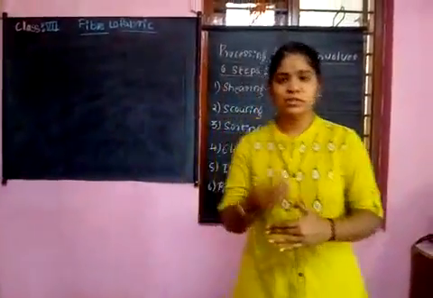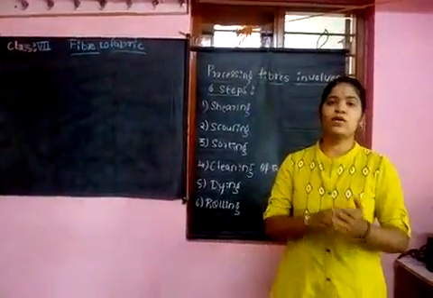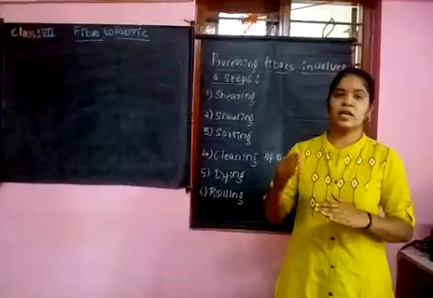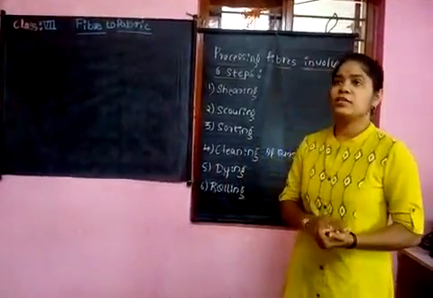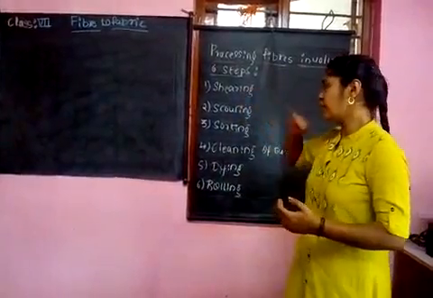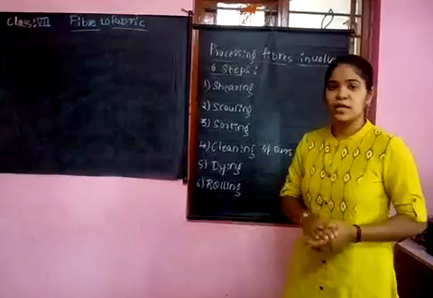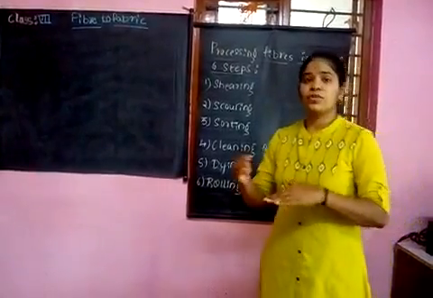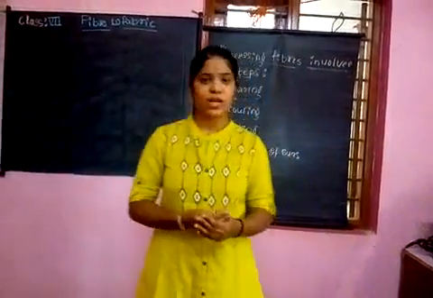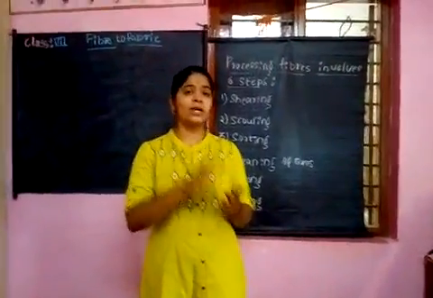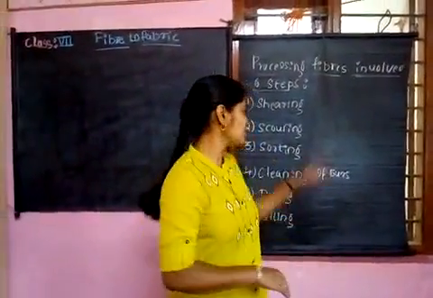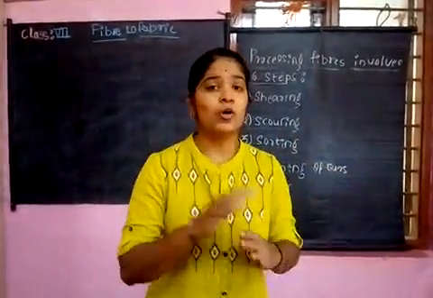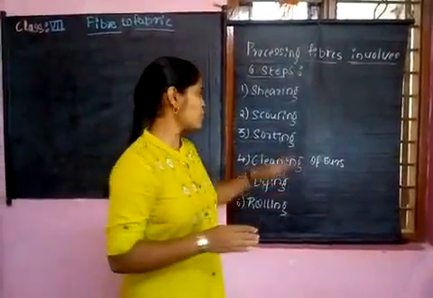I am repeating once again, the thin layer of the skin with the hairs of the sheep body that we collect, we call it shearing. And the next process is scouring. Scouring means whatever hairs we collected are thoroughly washed in tanks. That process we call scouring. Okay, the thorough washing process is called scouring.